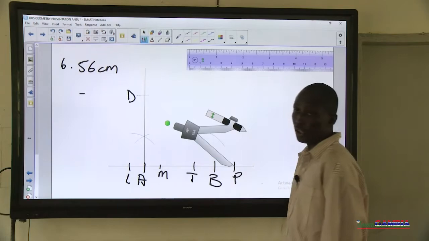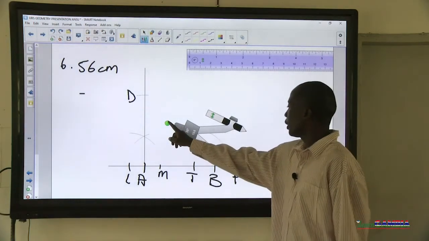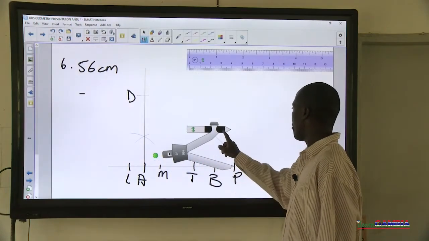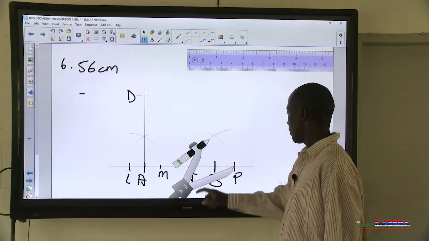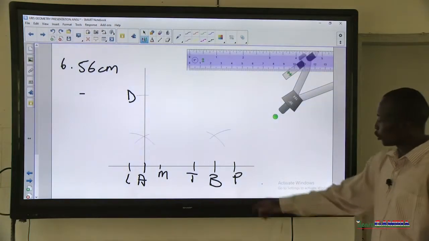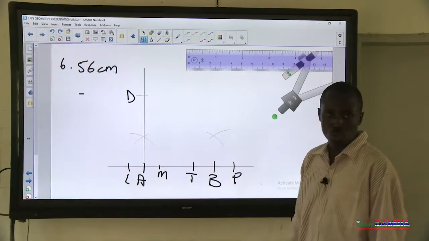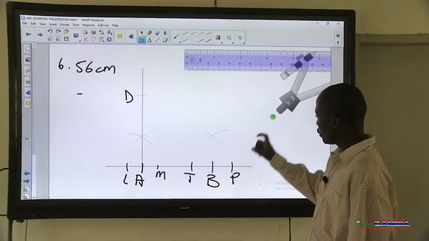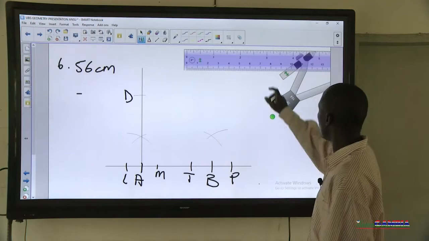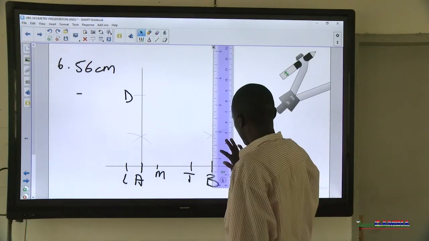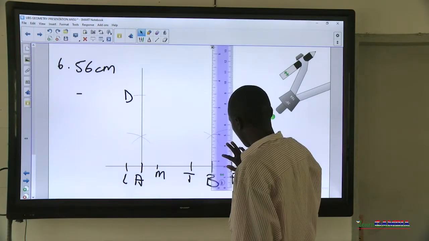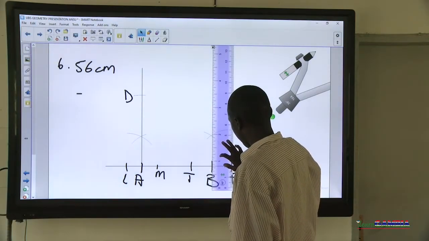Don't change that radius. Draw another arc to intersect with the first one you have just drawn. Now you can see those two arcs are intersecting somewhere. That point of intersection is what you join to point B with your ruler.